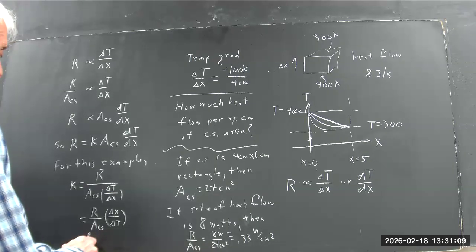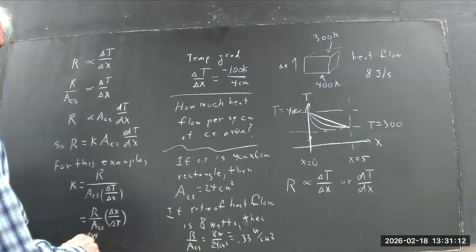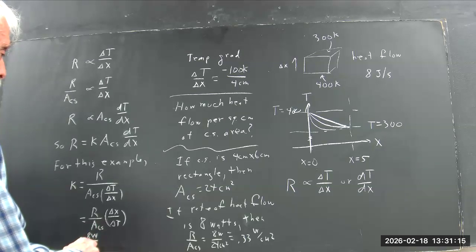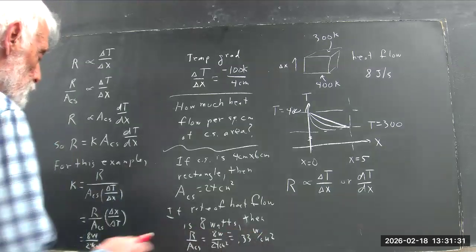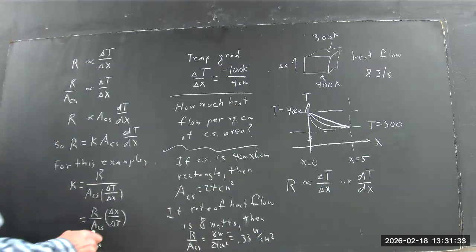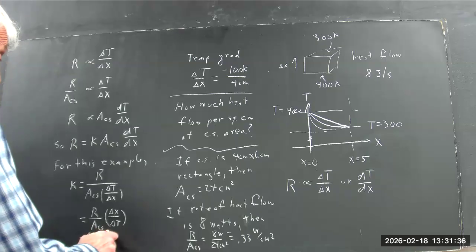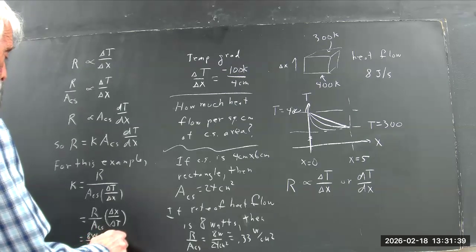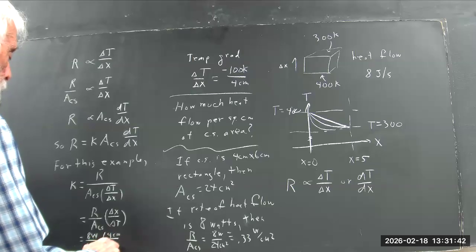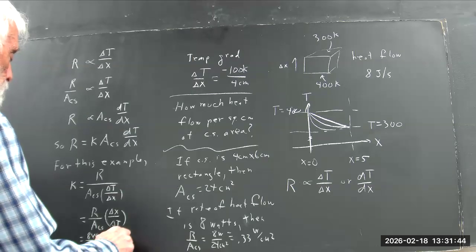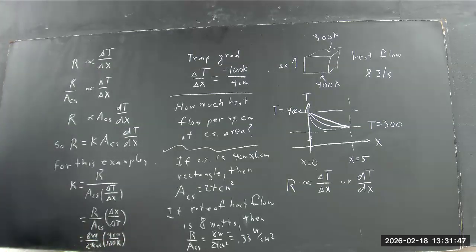In this case, it's 8 watts over 24 square centimeters, which we already calculated here is 0.33 watts per square centimeter, times 4 centimeters over 100 K.